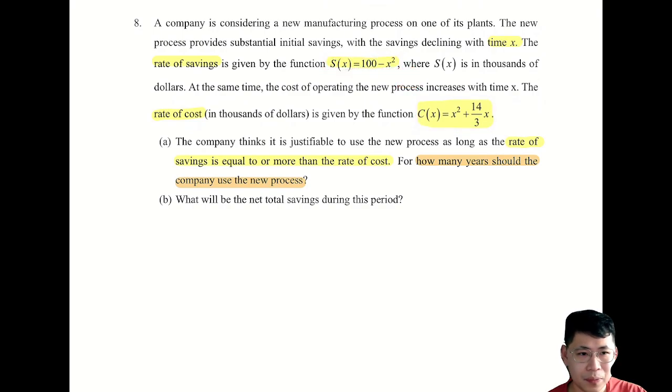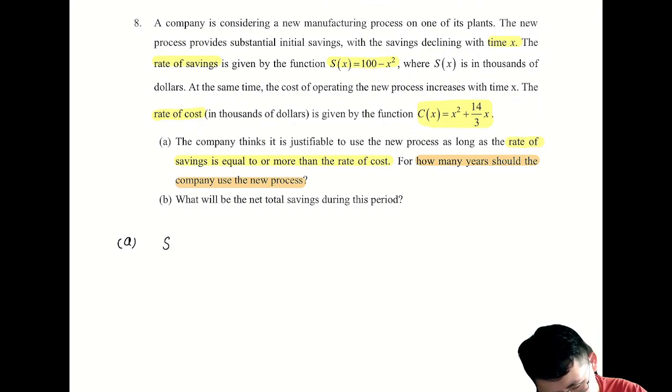When we want to look for something more than another thing, it's a little bit harder to visualize. So let's do this algebraically, and let's see how this works.